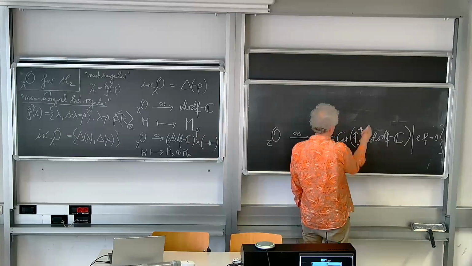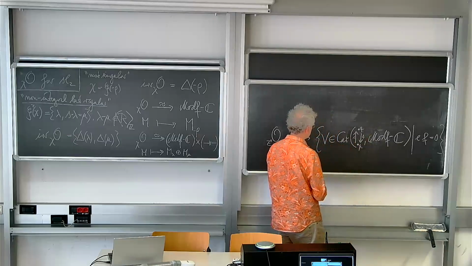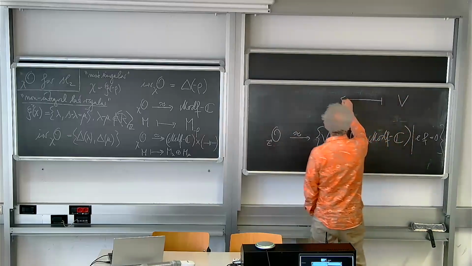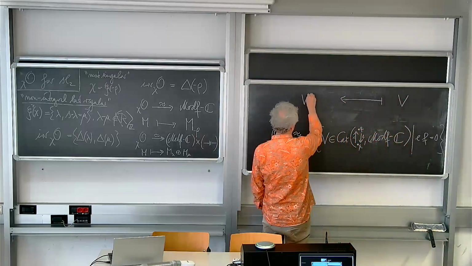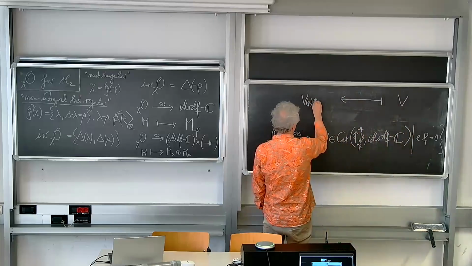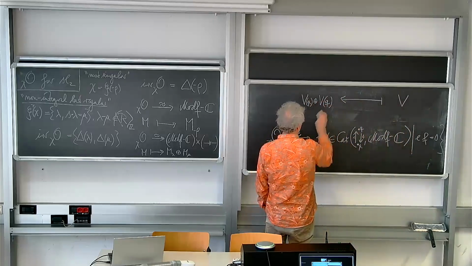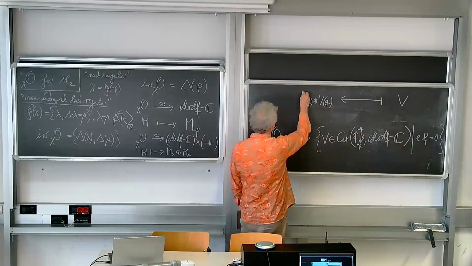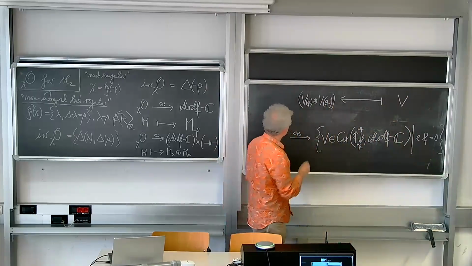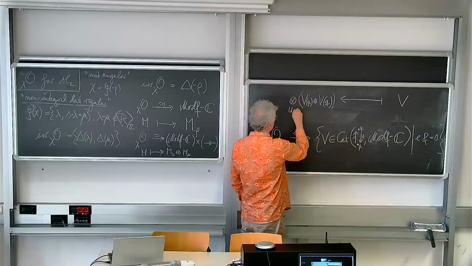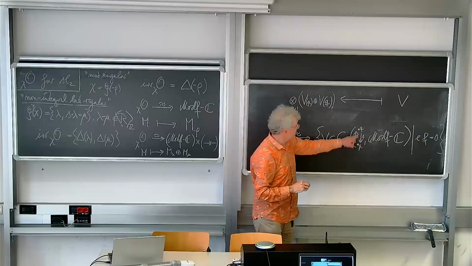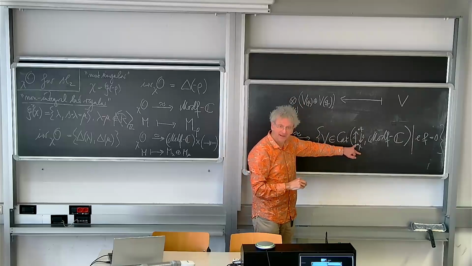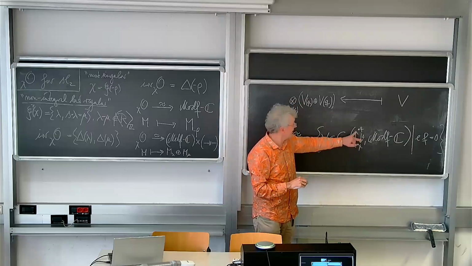If we have a representation of this quiver, we associate to it V(P) plus V(Q), and we make this into a representation of the Borel B. E is just given to us, and we know how H should act: with weight -2 here and weight 0 here.